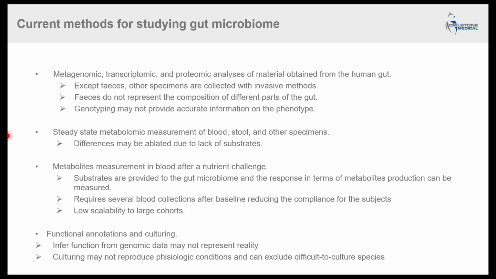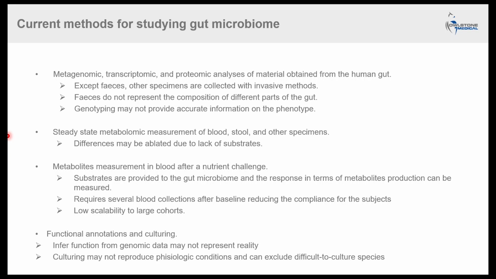So another approach is the one that I showed you before, metabolites measurement in blood after a nutrient challenge. In this case, the substrates are provided to the gut microbiome, and the response in terms of metabolites production can be measured. However, we need to collect blood at several time points, either before and then after the substrate's ingestion, and this reduces the compliance of the subject.